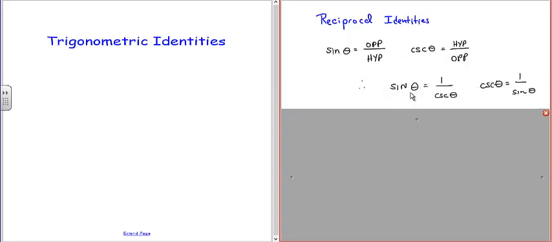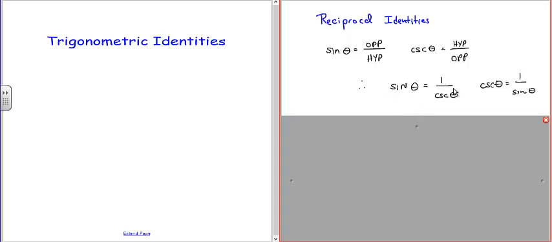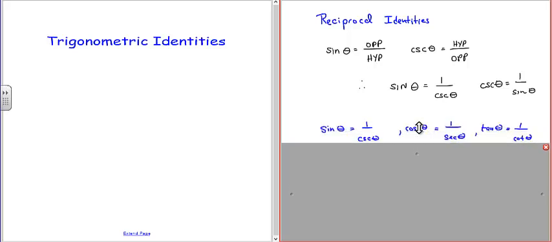So that means that the sine of theta is 1 over the cosecant of theta, and the cosecant of theta is 1 over the sine of theta. These are called reciprocal identities. And it applies for all values of theta, including greater than 90 degrees. So we'll be able to generalize that later.